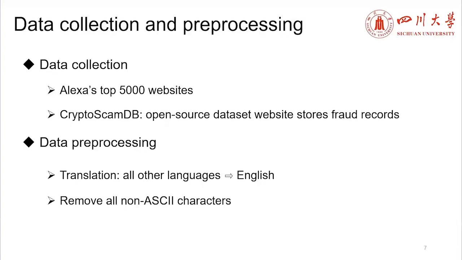So, we collect websites from the Alexa Top 5000 websites list and CryptoScamDB. CryptoScamDB is an open-source dataset that stores more than 6,500 known fraud website records on many chains, such as Ethereum, Bitcoin, XRP, and so on, which can be used to track malicious URLs and associate them with their addresses.